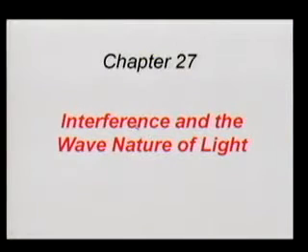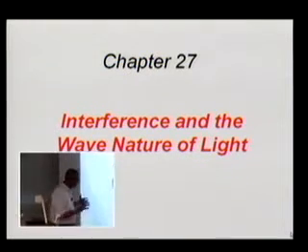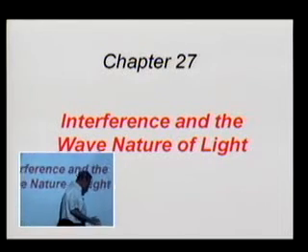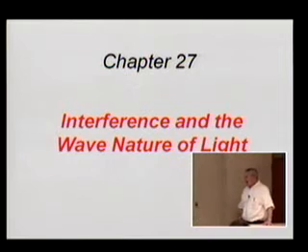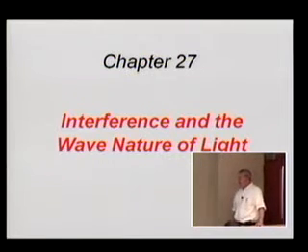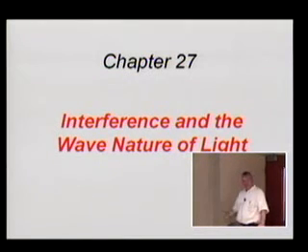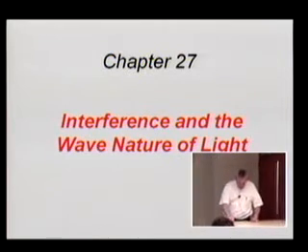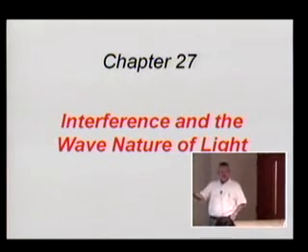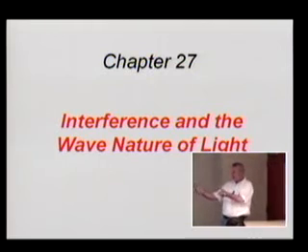But from the beginning. Okay. Interference in the wave nature of light. It's very important that you understand. How many of you have ever noticed that when you have a regular flashlight and you put a round circle, like this quarter, in front of the flashlight, what happens on the screen?